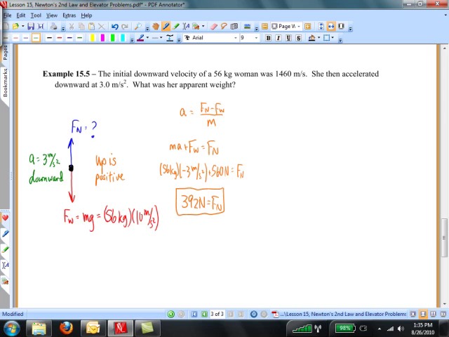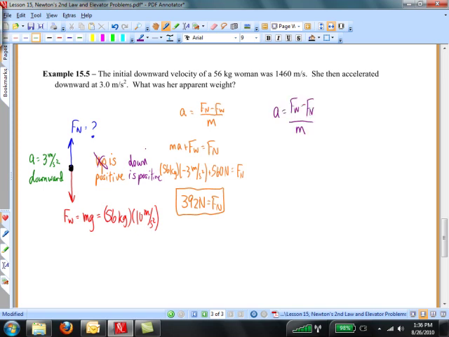Let's do the problem again, but this time instead of up being positive, let's call down positive. All right, so now I can write Newton's second law, but this time since down is positive, the force that's in the positive direction is the weight, and the normal force is going to be negative as a result of that.